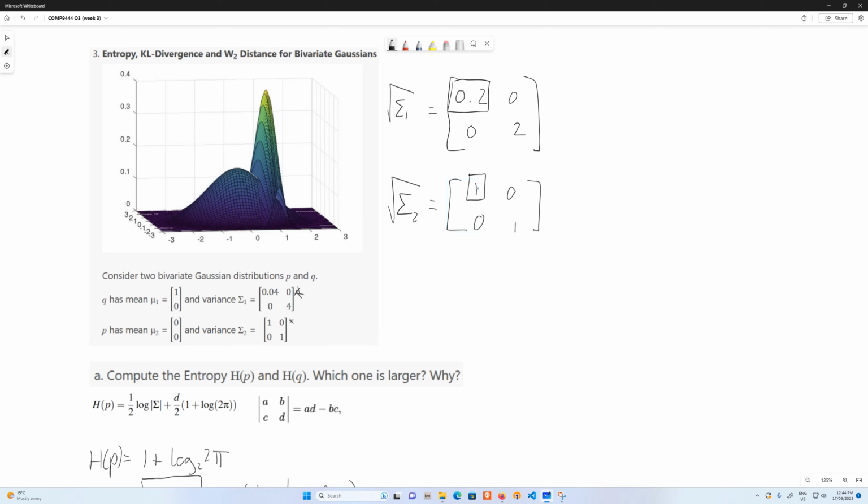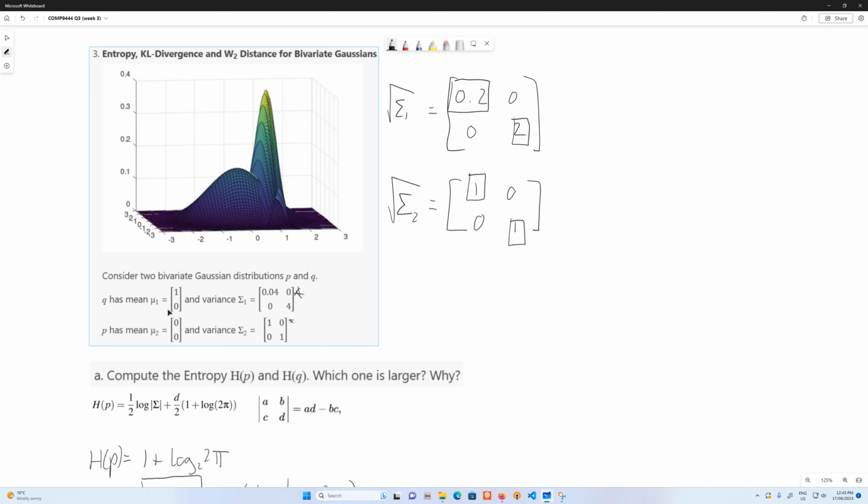Looking at the other dimension, we have 2 and 1, so it's kind of the opposite for this one. Compared to P, this other distribution has been stretched, doubled.